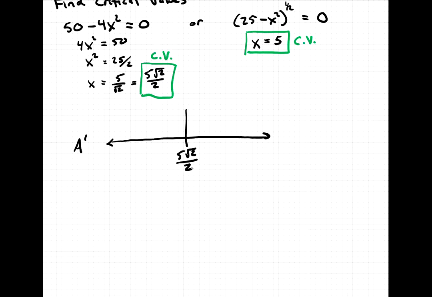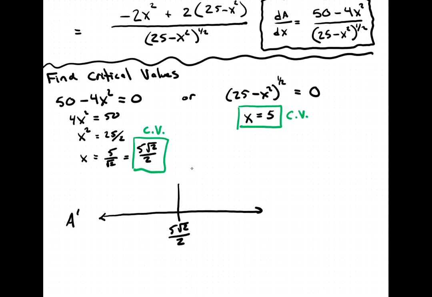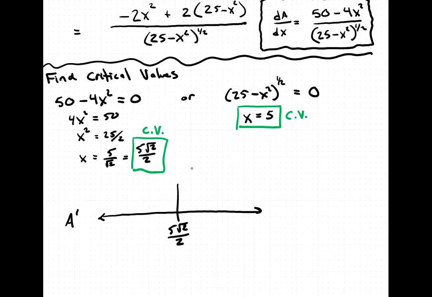Okay, so our derivative is 50 minus 4x squared divided by 25 minus x squared to the 1/2 power. So let's plug in some test values. So something a little smaller than 5 root 2 over 2. Well, this is about 3.5. Not exactly, but about 3.5. So let's plug in a 3 and a 4 into the derivative.